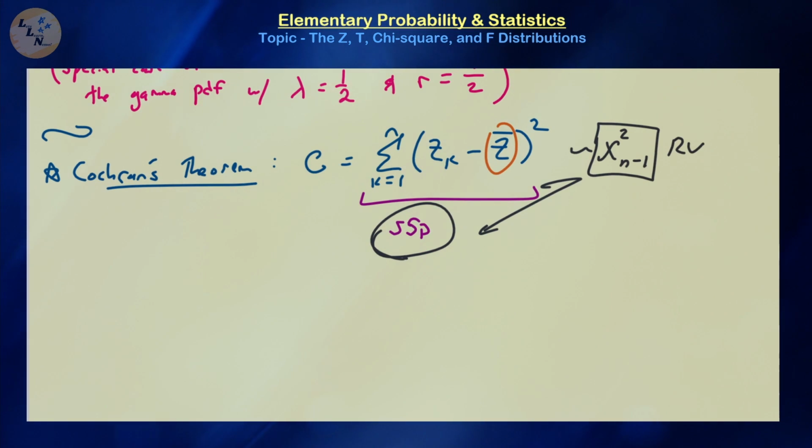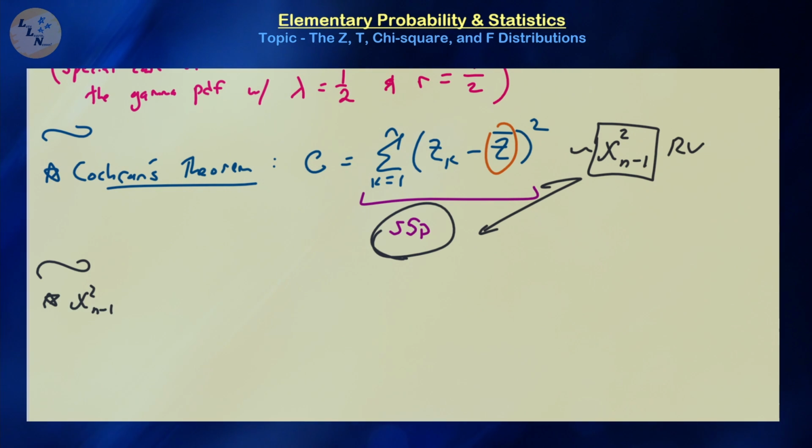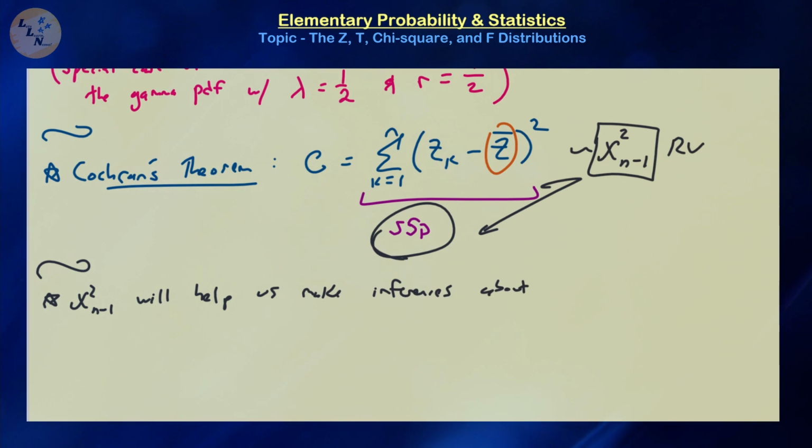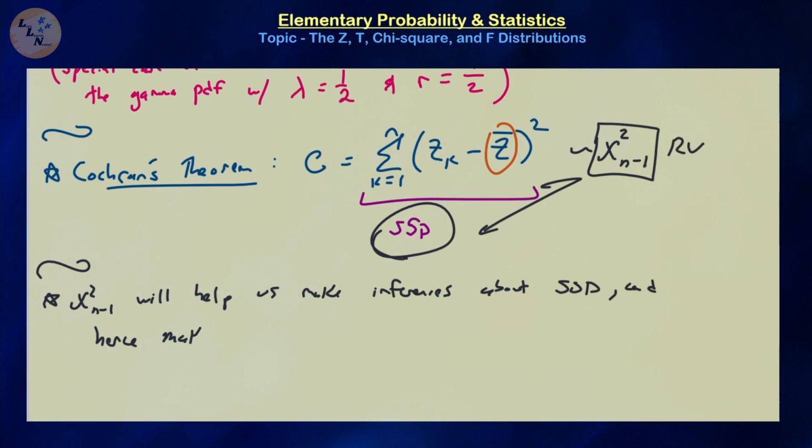Right? So let's actually just state that just to be formal. So chi-square n minus 1 will help us make inferences about the sum of squared differences and hence make inferences about what?